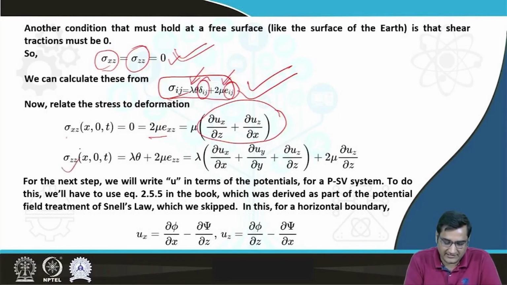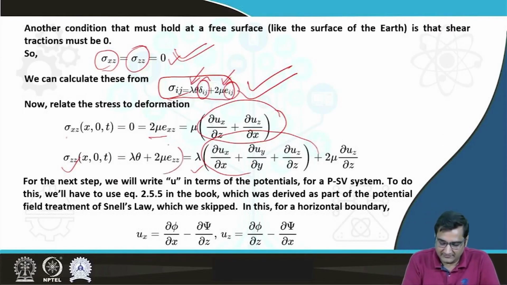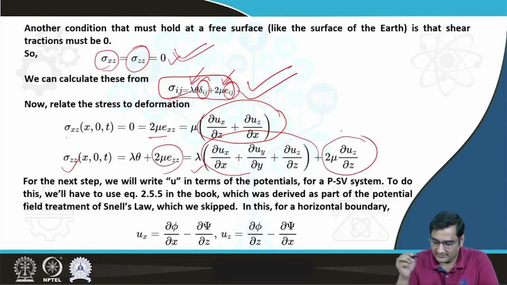And sigma zz at (x, 0, t) will be lambda theta plus 2 mu ezz, which is lambda times the dilatation term theta, that is del ux by del x plus del uy by del y plus del uz by del z, plus 2 mu del uz by del z.